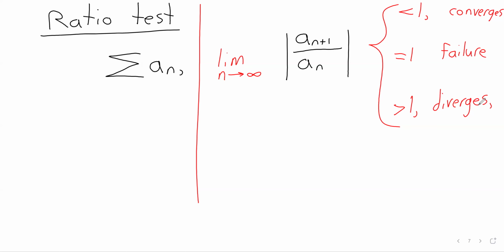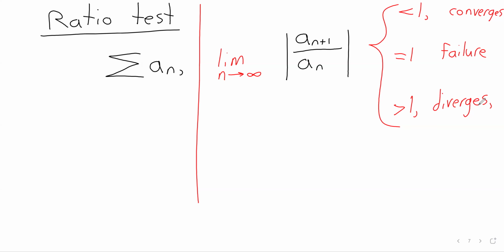If this fraction is approaching 1, we don't get any information. We could have convergence, we could have divergence, we could have absolute convergence, we could have convergence that's not absolute. So this is just a complete failure state. It's not giving us any information.